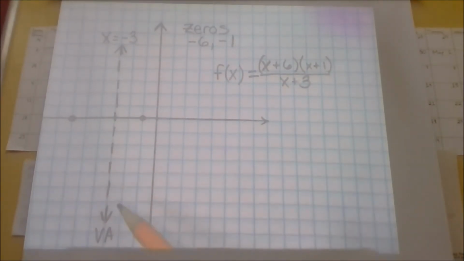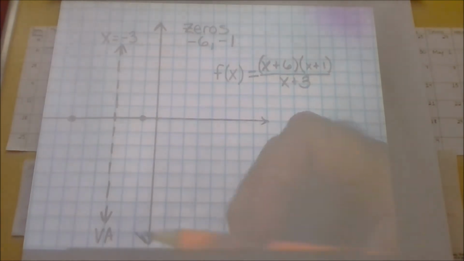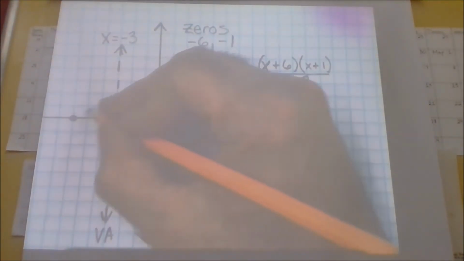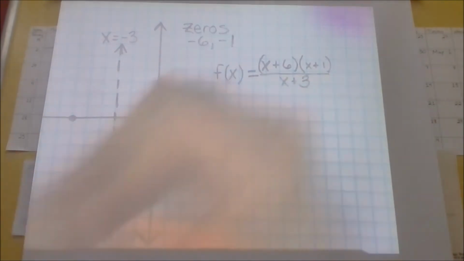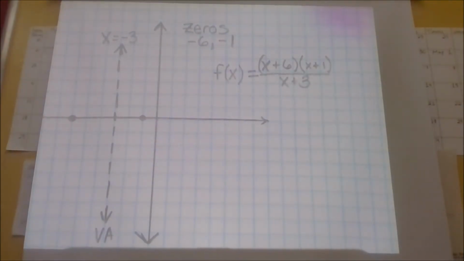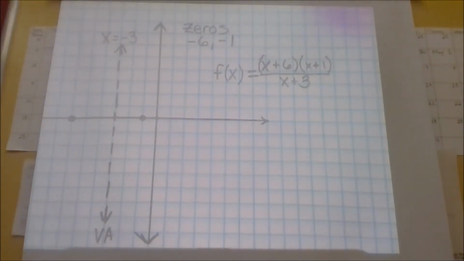So we have plotted the zeros and the vertical asymptote, and we know that this curve is going to approach the vertical asymptote, but never reach it or never touch it. But we really don't know just by looking at this from which direction and how the curve looks.